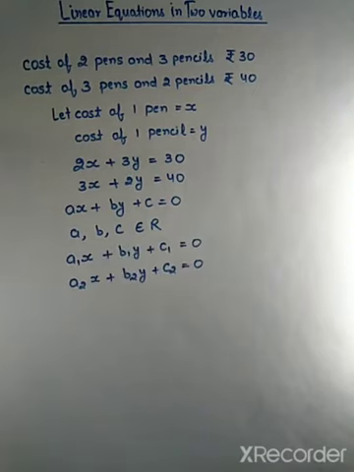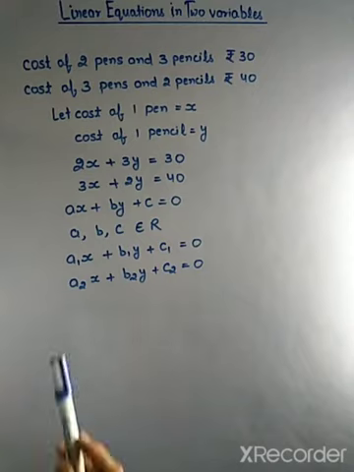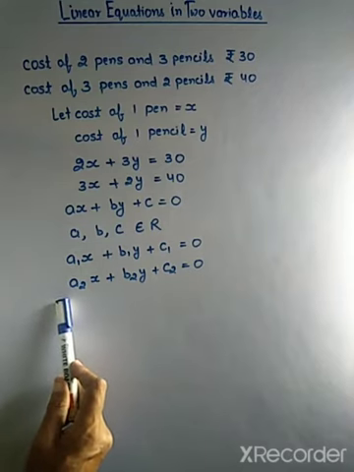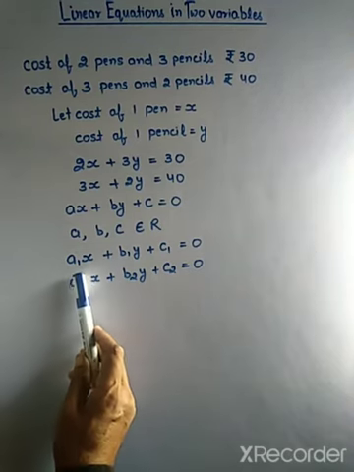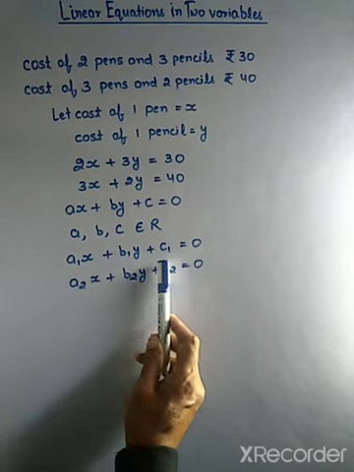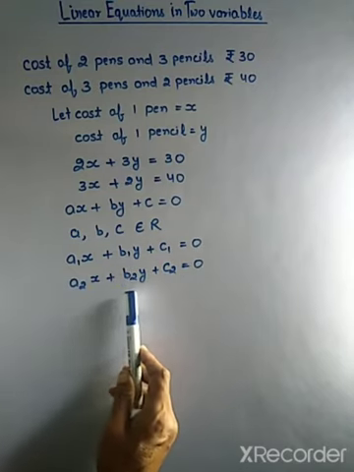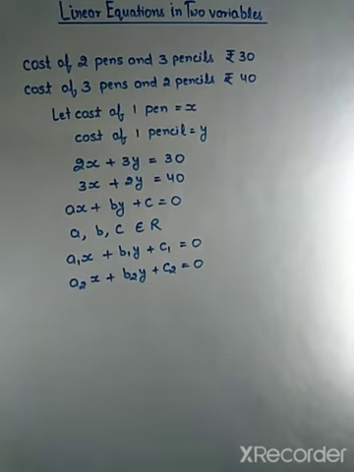Two linear equations in the same two variables x and y are called a pair of linear equations in two variables, which are in the form a1x plus b1y plus c1 equals 0, a2x plus b2y plus c2 equals 0.